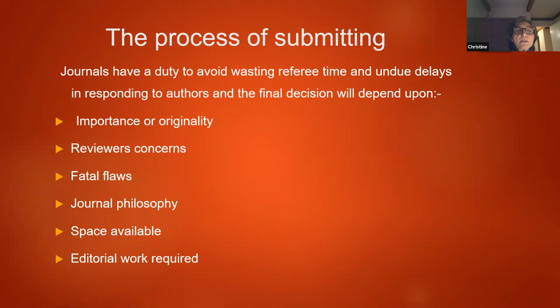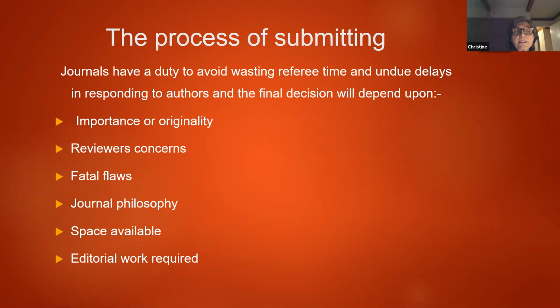So the importance of originality, or importance of your paper, or how original it is, the reviewer's concerns, any fatal flaws, the journal philosophy, and they usually have this right up front in their journals or on their website, what they're looking for.